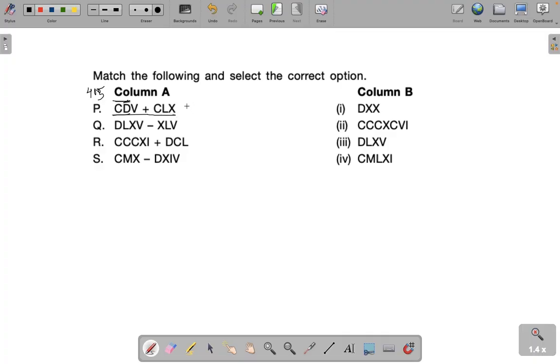Sir, 160. Yeah, very good. So 160. So now if you add both of them, 405 and 160, what do you get? Sir, 565. 565. So what is the Roman number for 565?